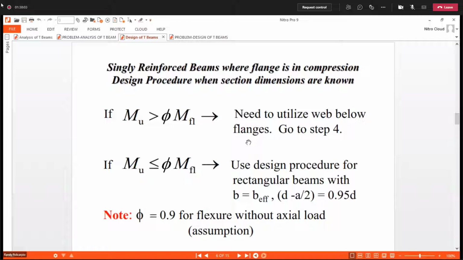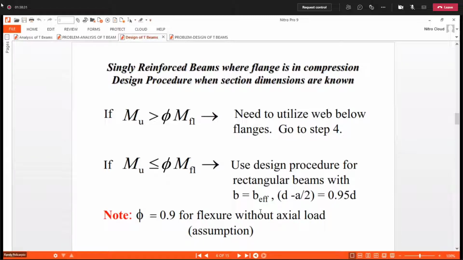So, ibig sabihin, hindi kakayanin ng flange na i-resist yung ultimate moment. If Mu is equal or less than phi Mf, so use design procedure for rectangular beam with your b equal to b effective.